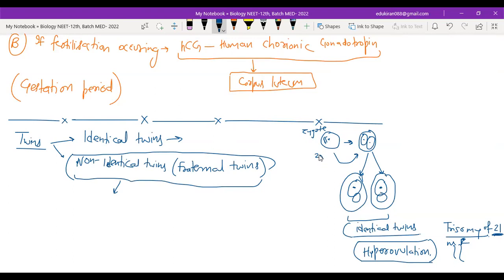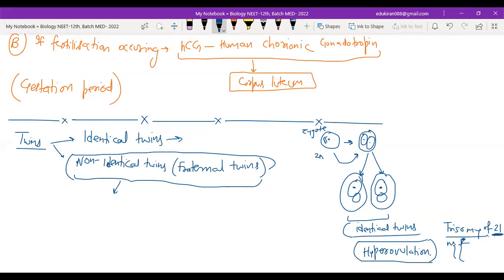To divide, it has to undergo replication. During that replication, there is an aberration, and instead of making two copies of chromosome 21 which go in each cell, there are three copies of chromosome 21 in each cell.